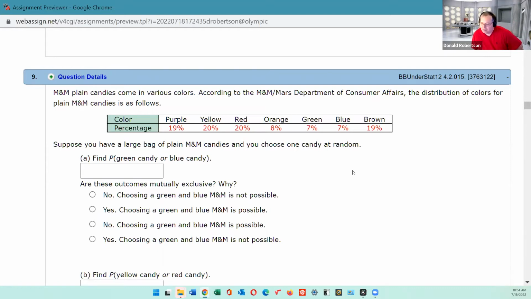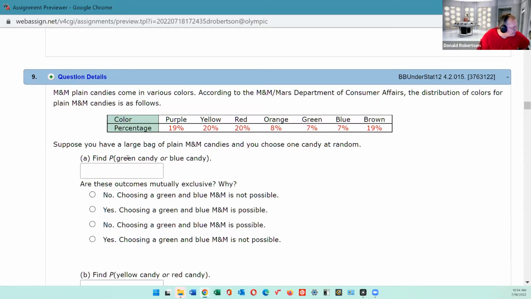M&Ms, there are more of some colours than there are of others. Now, I don't know, maybe because people like red, they want more red M&Ms. Don't they actually taste exactly the same? It's just a food colouring on the outside. So psychologically, couldn't they make them all green and it wouldn't matter? Except psychologically, don't you like lots of different colours because you think you're getting something? So human mentality is weird.